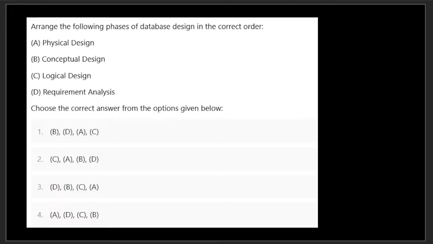So first, we always want a requirement analysis. Why? This is the initial phase where the requirements of the database are gathered. What is the requirement, right? It involves understanding what data needs to be stored, how it will be accessed, and what constraints and rules must be applied. So this all comes in requirement analysis.